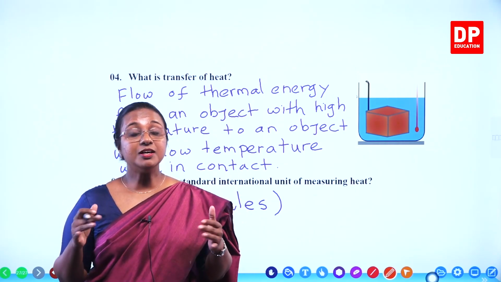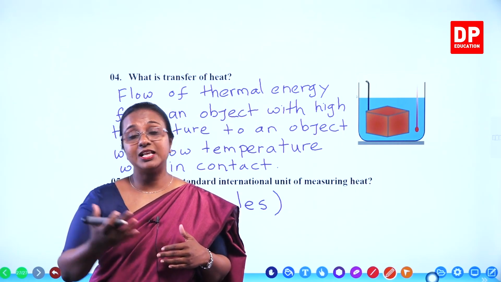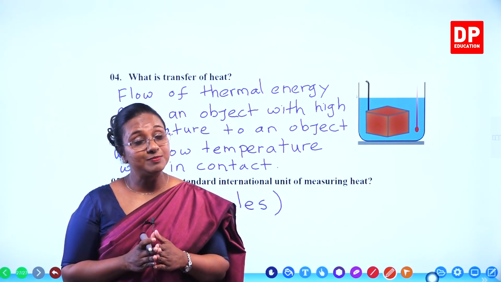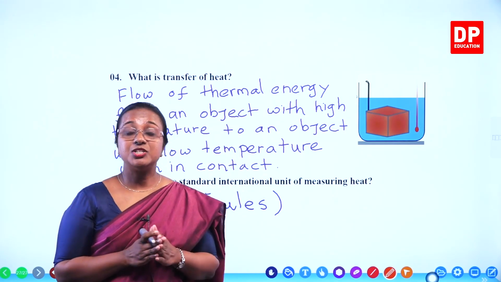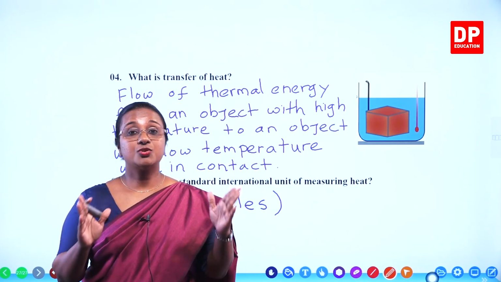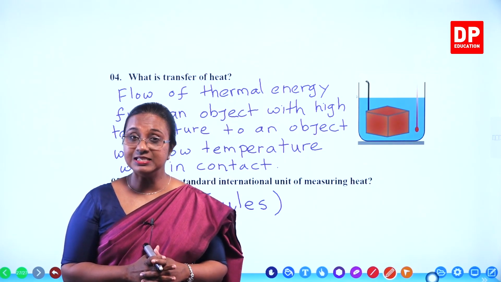So thereafter, we saw how we can calculate the heat absorbed or released by objects using the equation Q equals mc theta. So with that, students, we discussed the questions from your textbook as well as a lot of extra questions. So I am sure now you have a very good understanding about this lesson, heat.